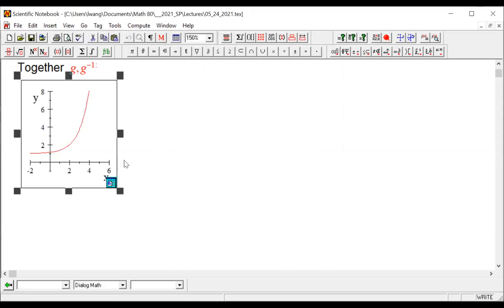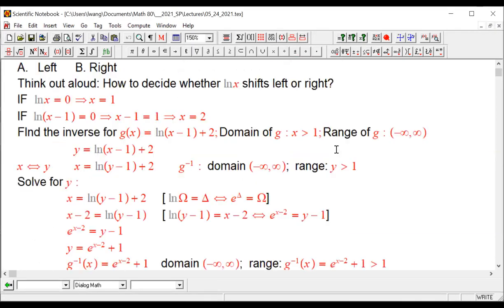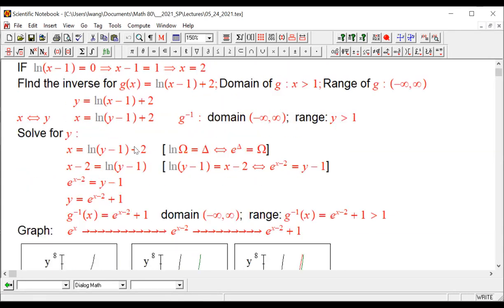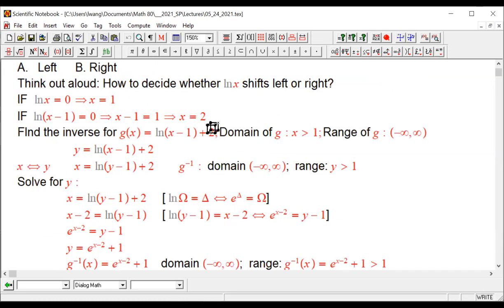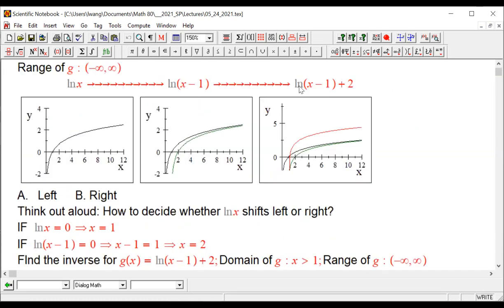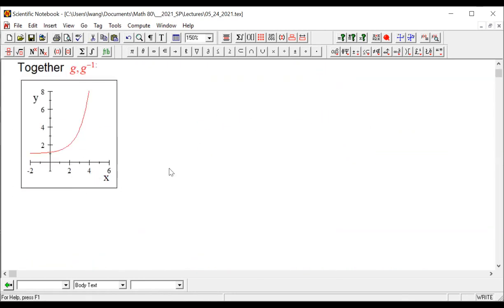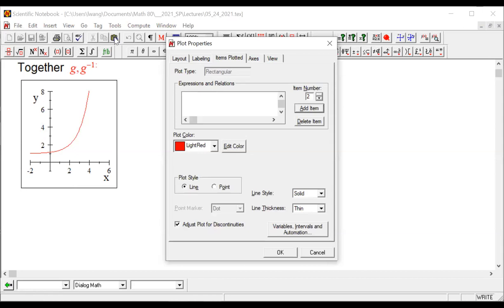This is G inverse. And what is G? Our G that was given. G was ln of x minus 1, plus 2.